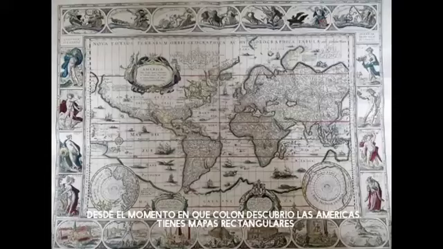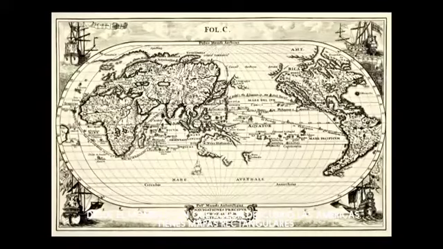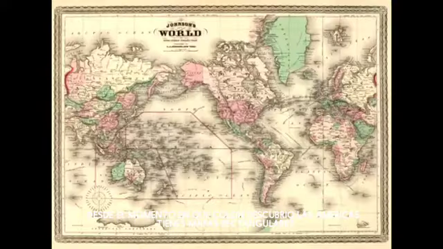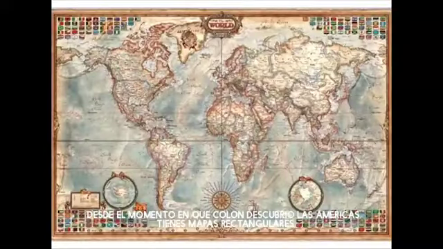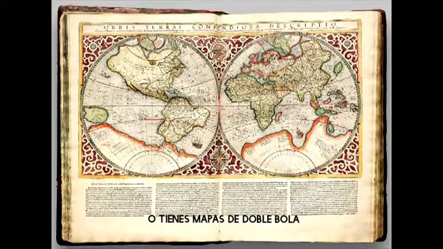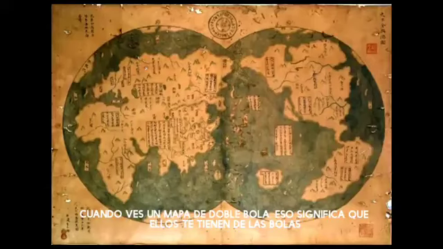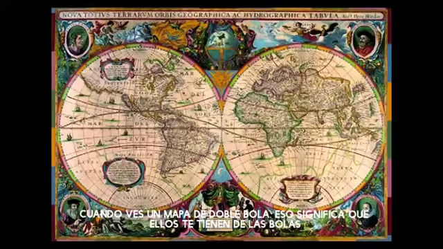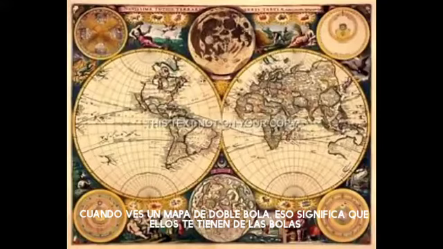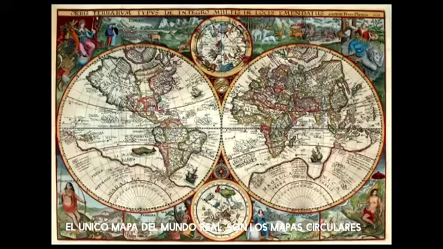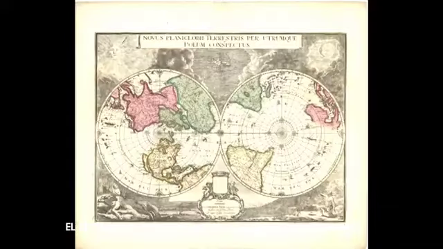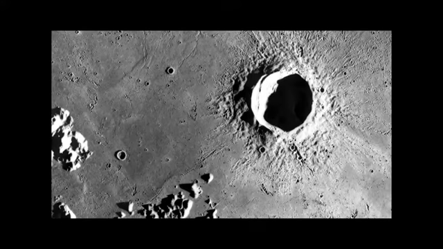From the moment Columbus discovered the Americas, you have rectangular maps, or you have the double ball map. When you see a double ball map, that means they have you by the balls. The only real world maps are circular maps.